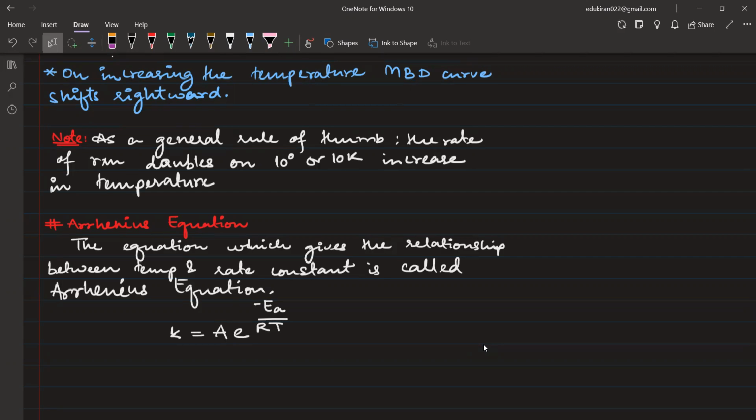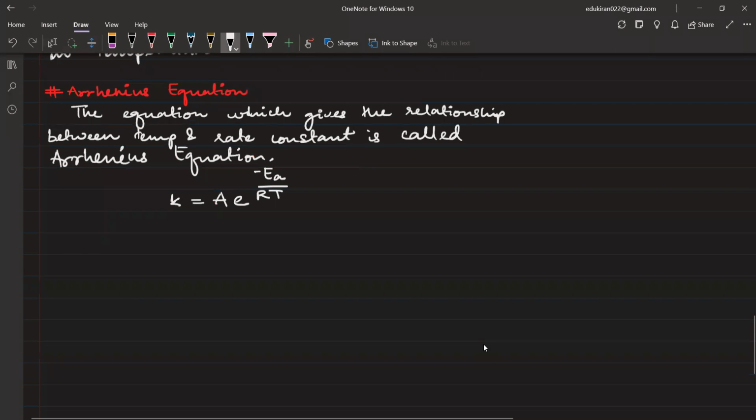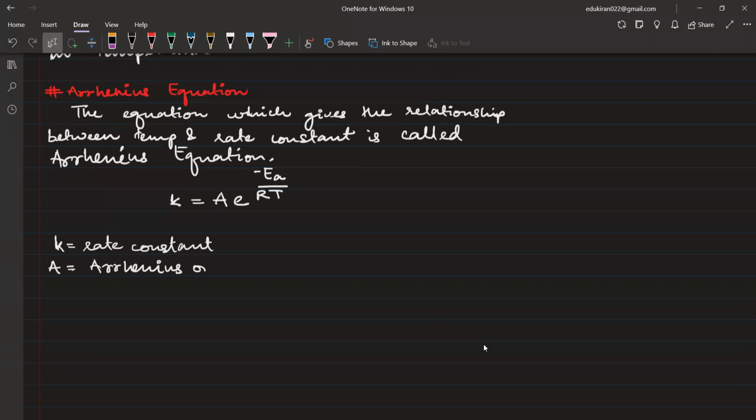So what is E here? I'll write all of these terms, please see. First of all, what is K? K is the rate constant. Okay, what is A? A is the Arrhenius or pre-exponential factor.